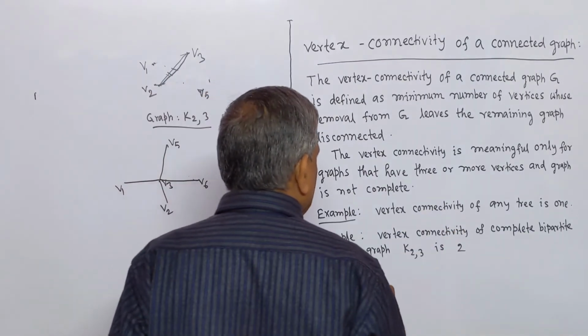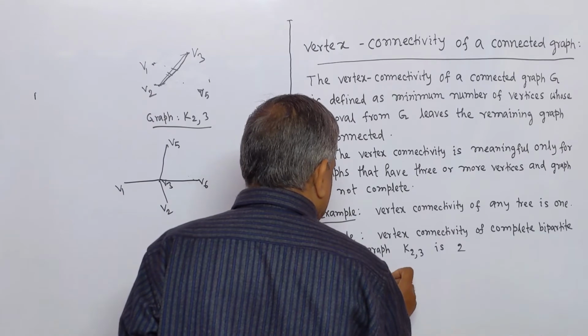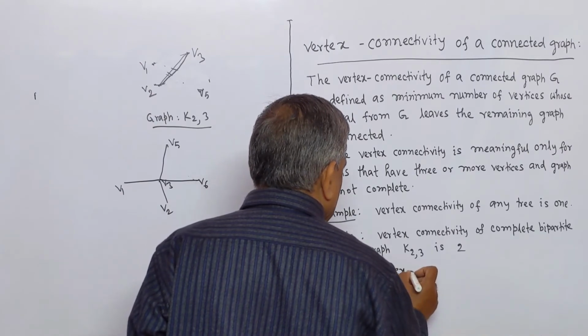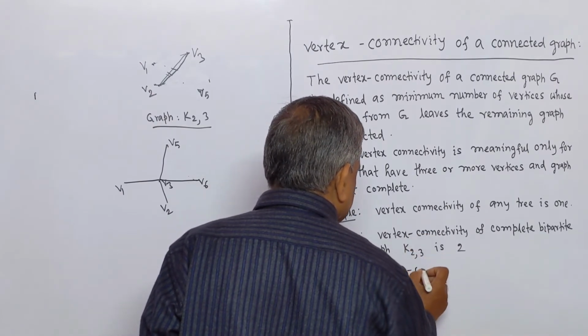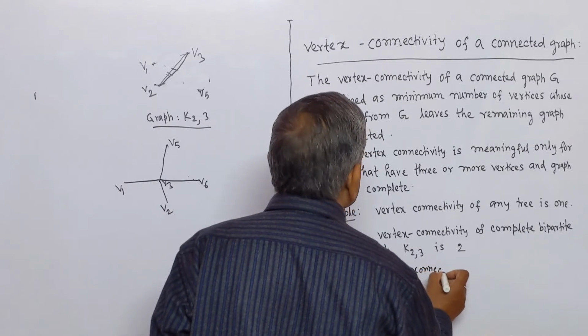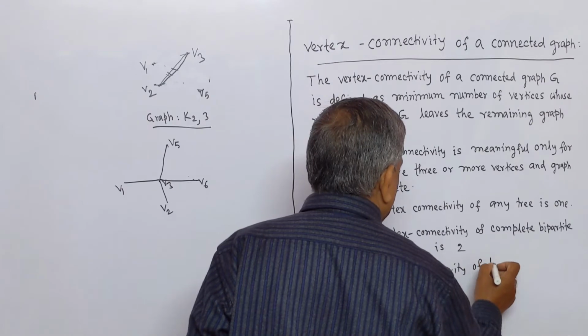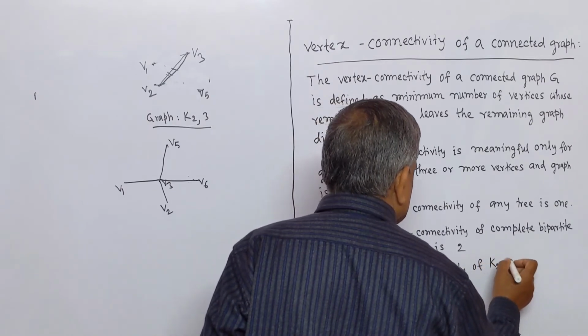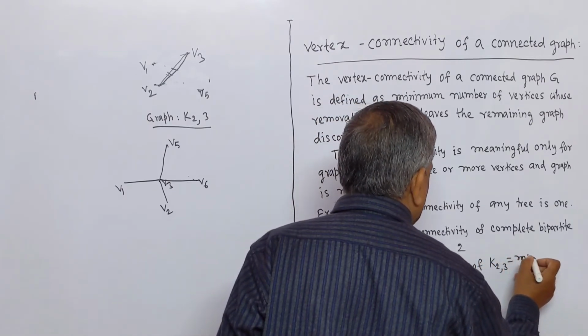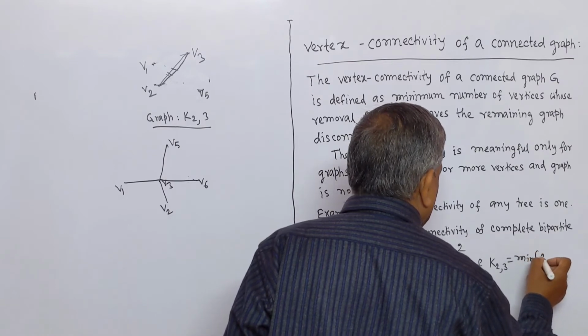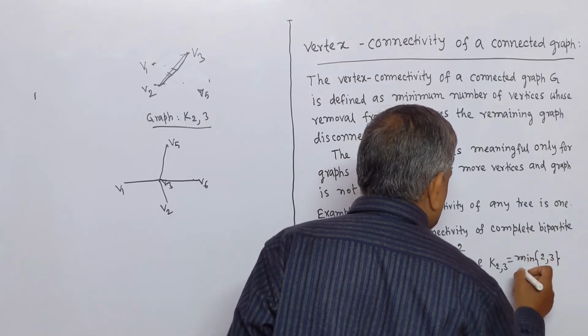That is, vertex connectivity of K23 equal to minimum of 2 and 3. That is 2.